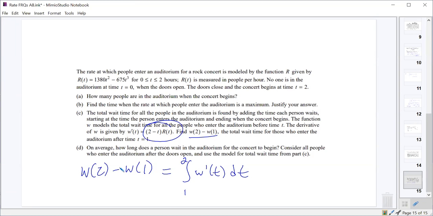Yeah, I mean, it is the same. The integral of the derivative of W is W evaluated at each of these limits. If you think about your original function as being W, we've taken the integral of the derivative of it, which gives us W values at these upper and lower limits.